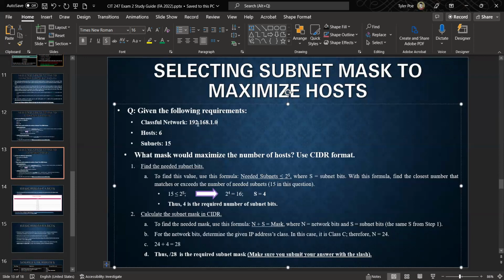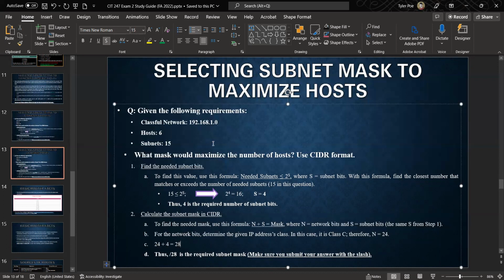And then finally, class C is 192, I believe, or 191 to something, and the network bits is going to be 24. I'll write that down later. Don't worry.